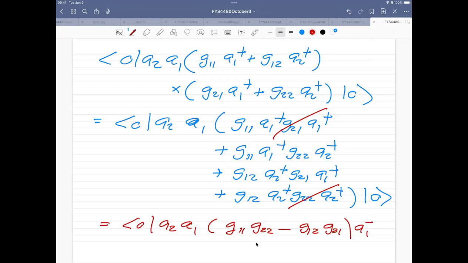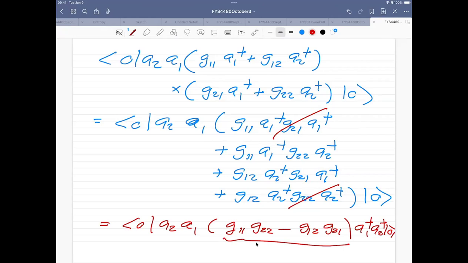And then I have an A1 dagger, A2 dagger, acting on 0. What is this guy? Think of a matrix, and you can calculate something from a matrix, which begins with the letter D. That's a determinant. That's a determinant of that matrix G.